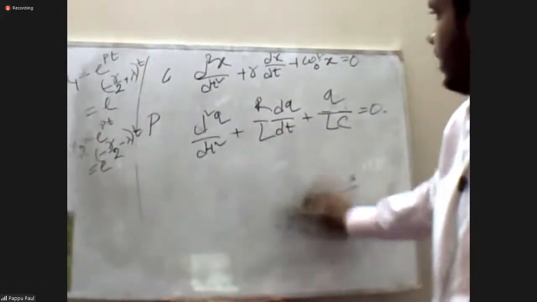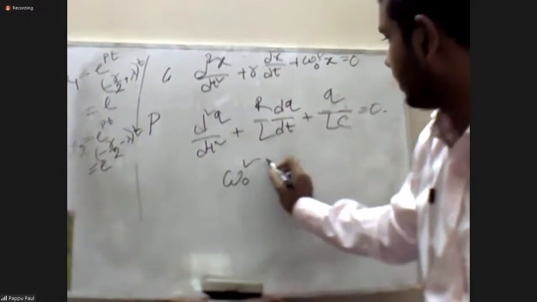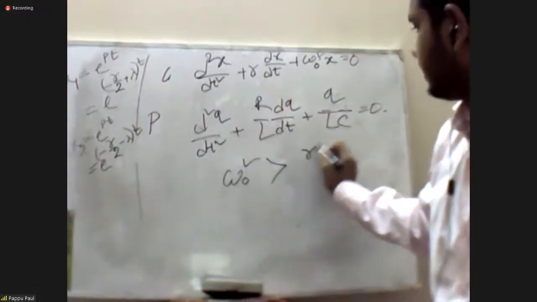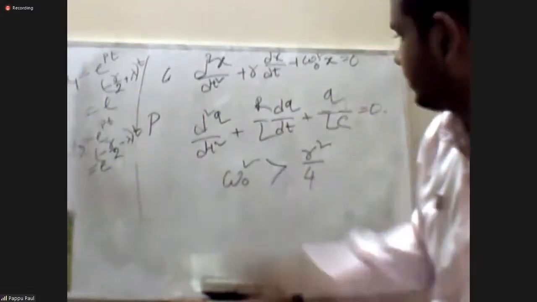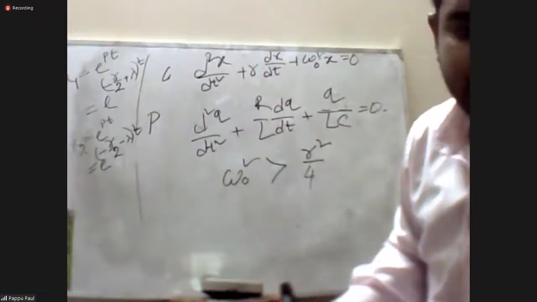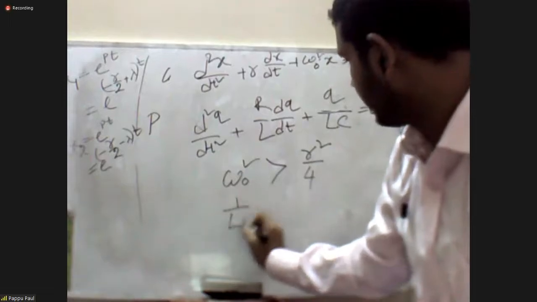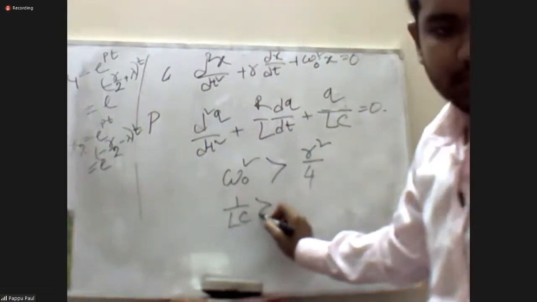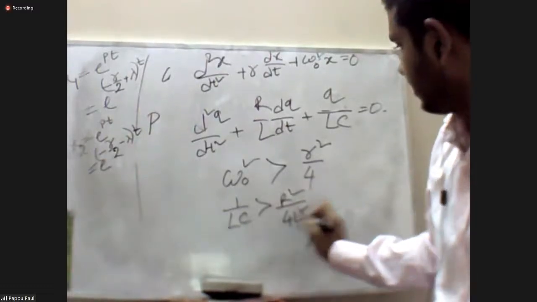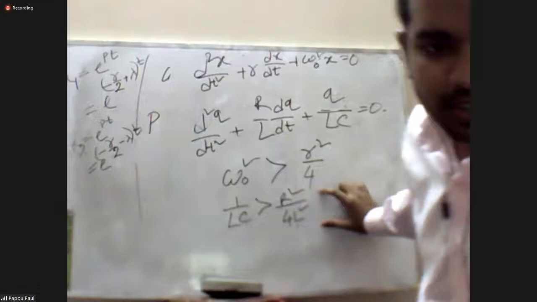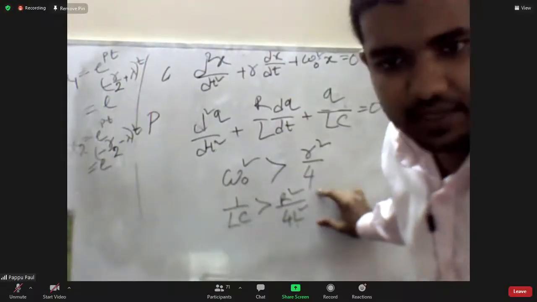We know that if omega naught square is greater than gamma square by 4, then this is called the oscillatory behavior. Our omega naught is root over LC, so we can write 1 by LC greater than R square divided by 4L square as the condition of oscillatory behavior in the case of an LRC circuit.